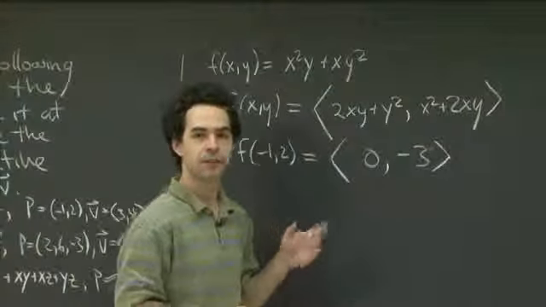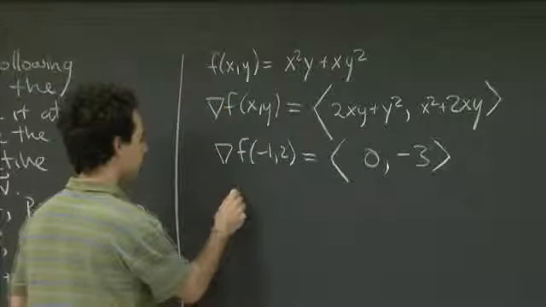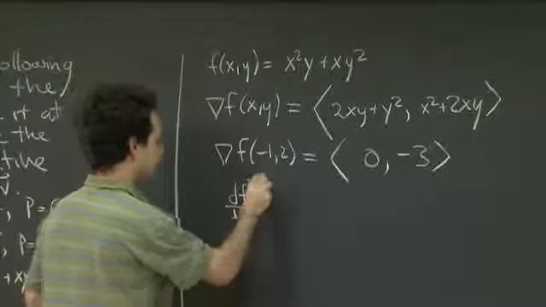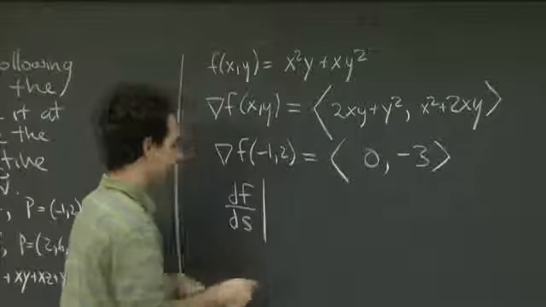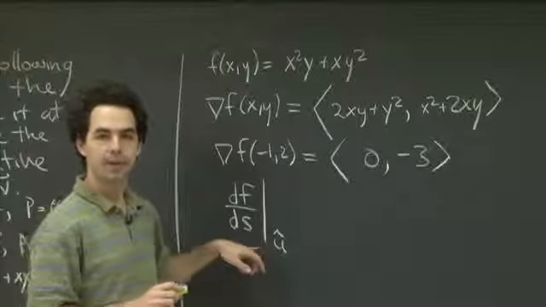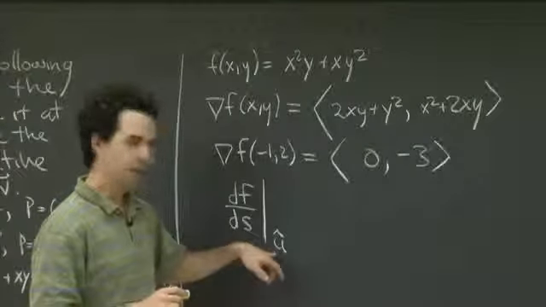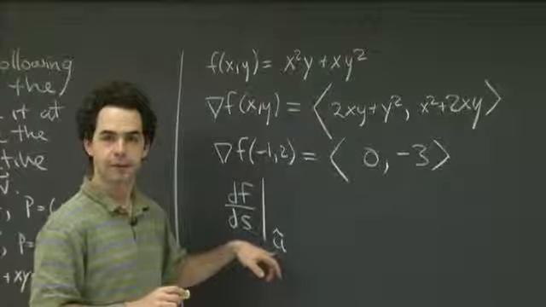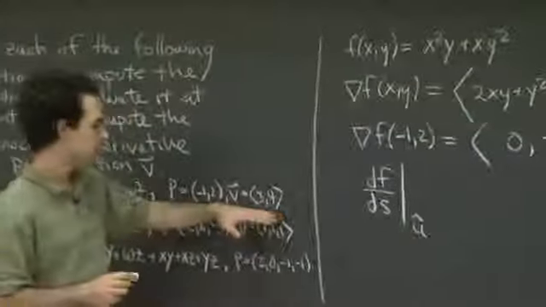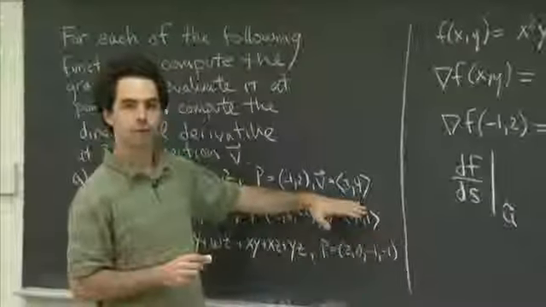Now we are asked for the directional derivative of f in a direction. I gave you a vector v, but when we take directional derivatives, what we want is a unit vector, right? The vector v that I gave you was this vector 3, 4.